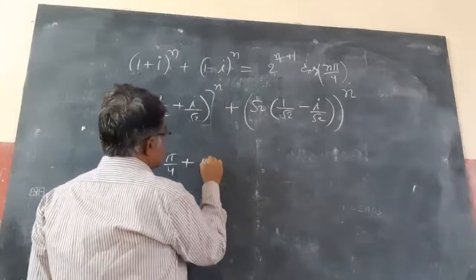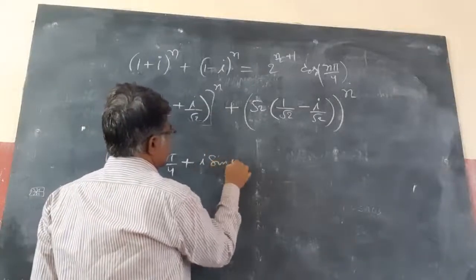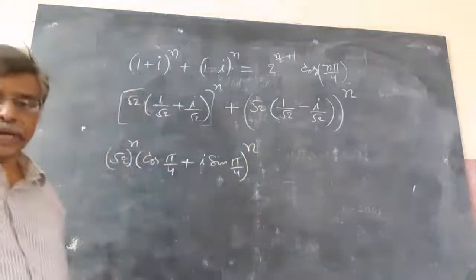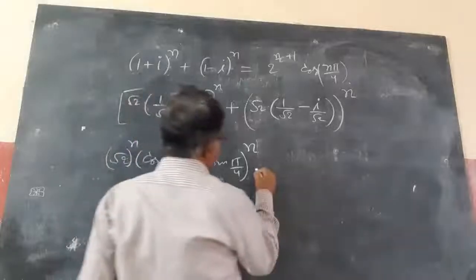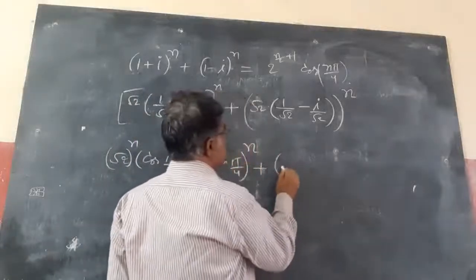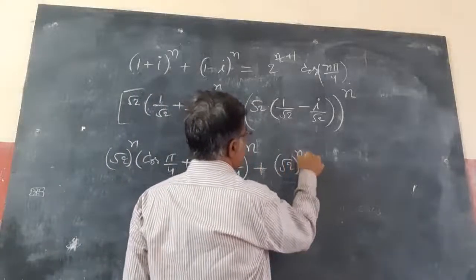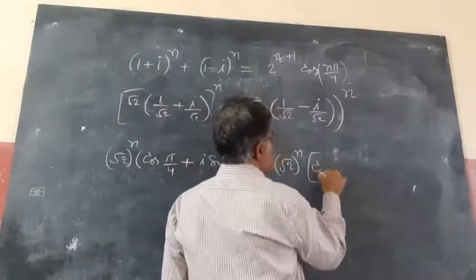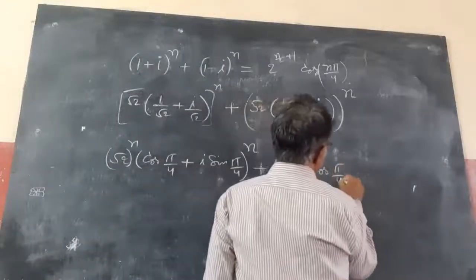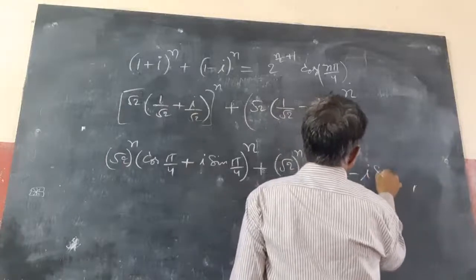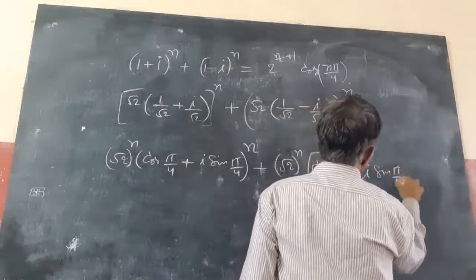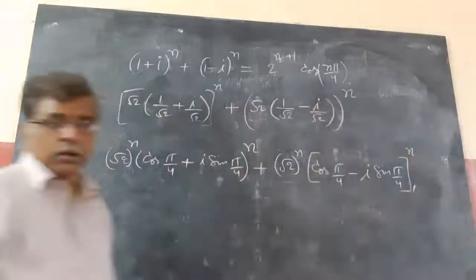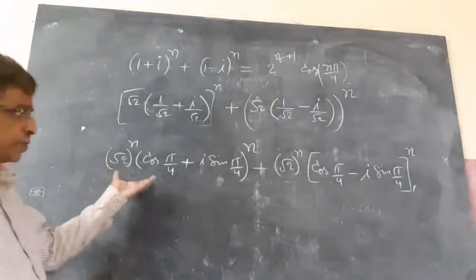So this is i into sin 45 whole power n plus, coming to here, this is again root 2 power n into this is 1 by root 2, cos 45, cos pi by 4 minus i into sin 45, sin pi by 4, whole power n. Now split into 2 parts.